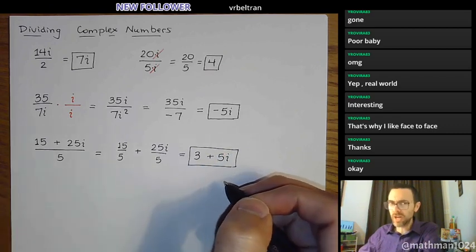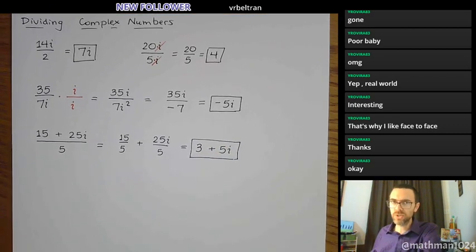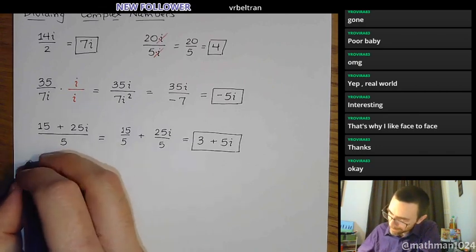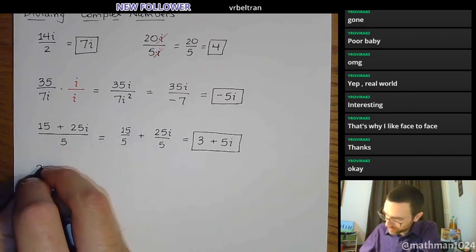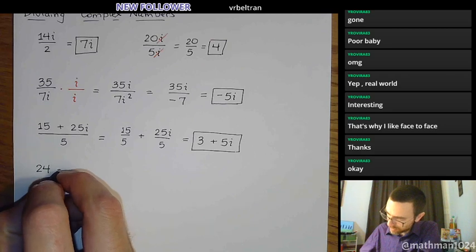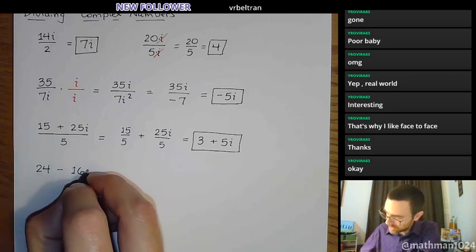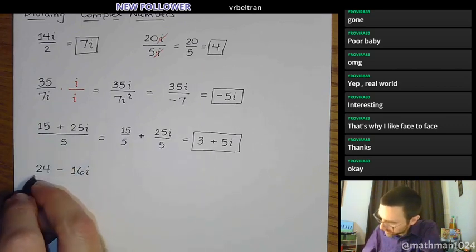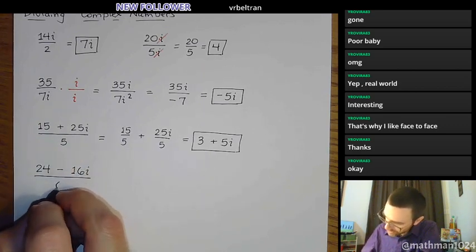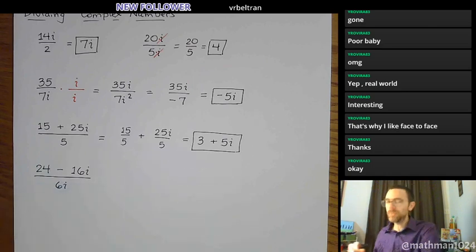So again, as long as we're dividing by real numbers, we really shouldn't have a problem. However, if I say 24 minus 16i divided by 6i.